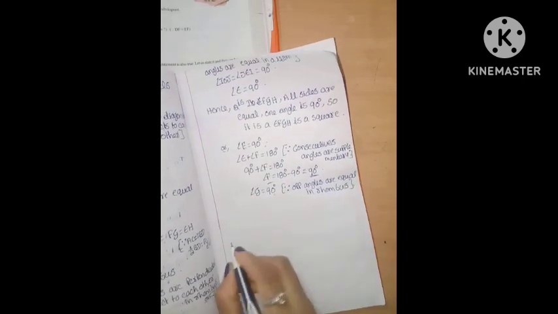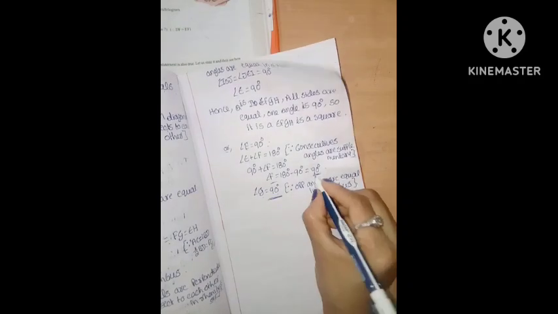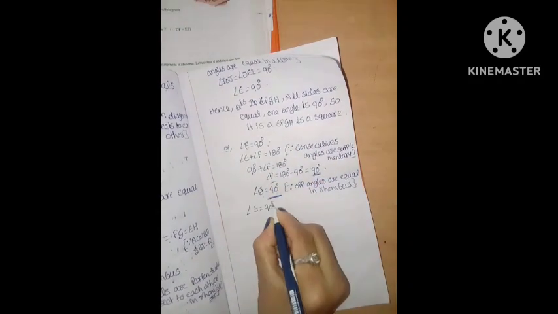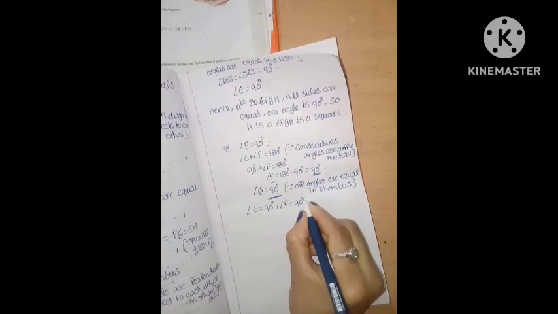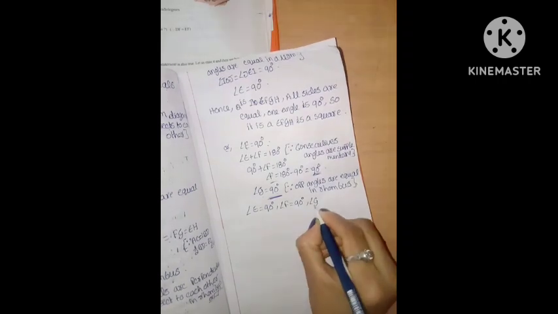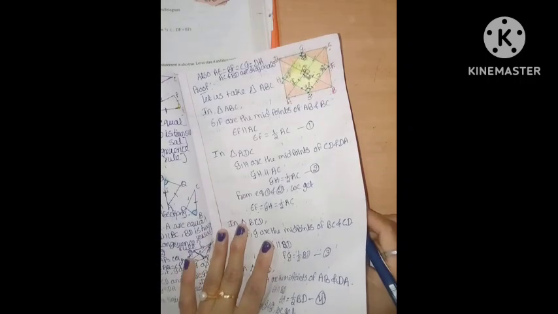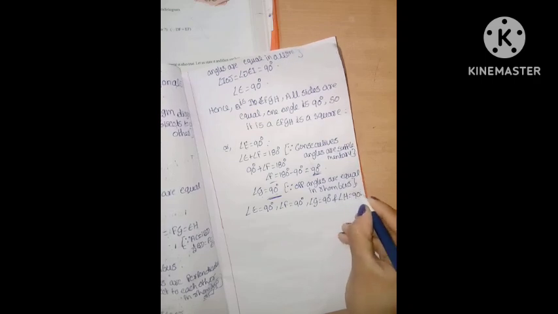So that's why 90 degrees. So all the angles are 90 degrees. Angle E is 90 degrees, angle F is 90 degrees, angle G is 90 degrees, and angle H is equal to 90 degrees.